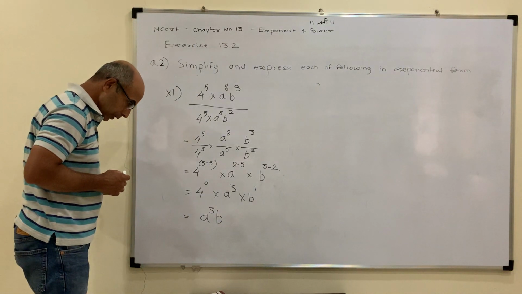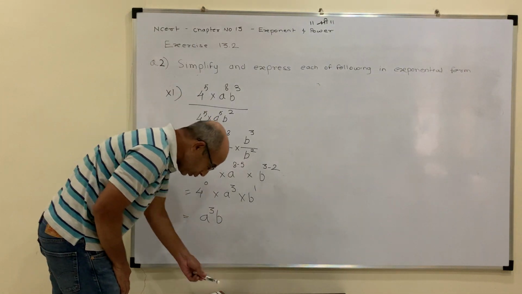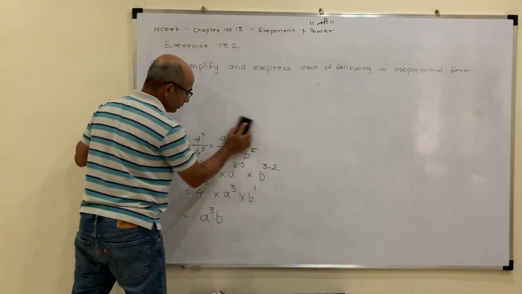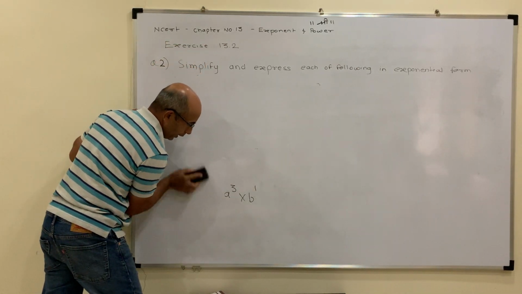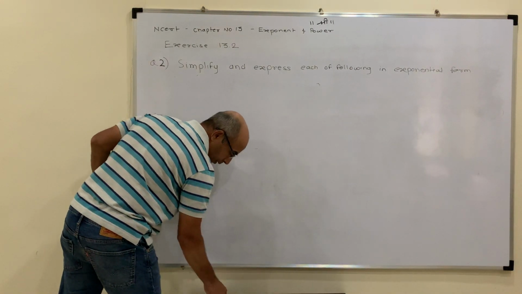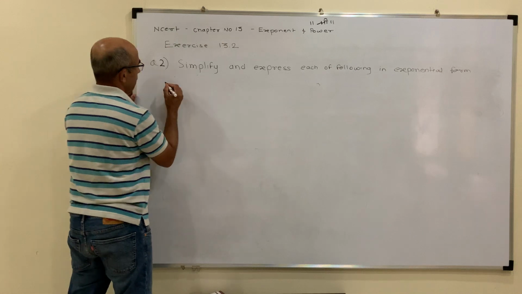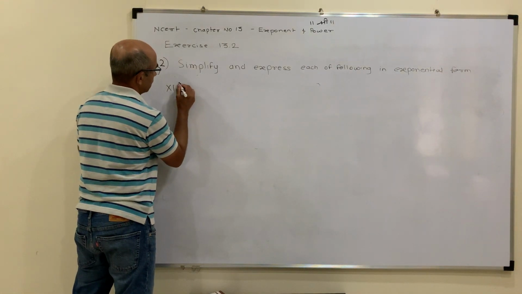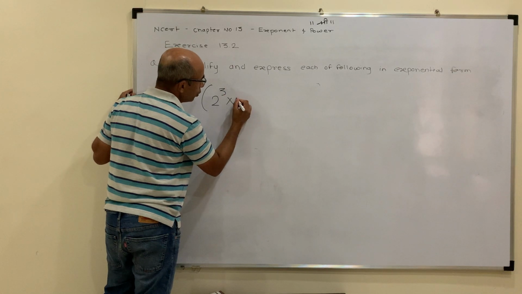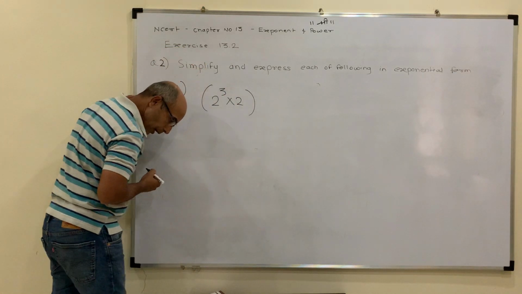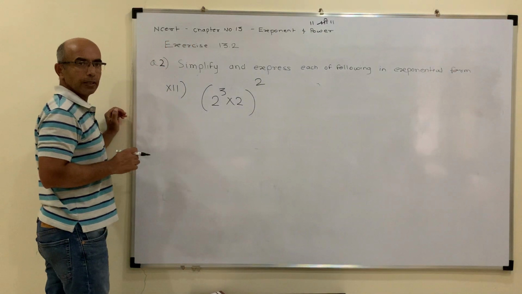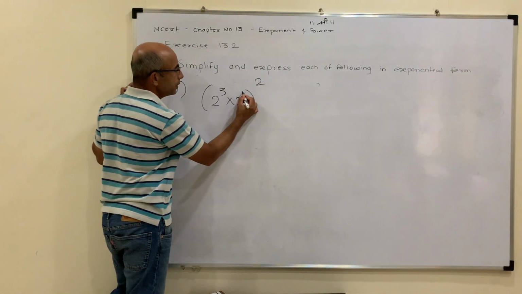And now the last one, 12th one. 2 raised to 3 into 2 raised to 2 squared. Now when there is no power mentioned, that means there is a 1.